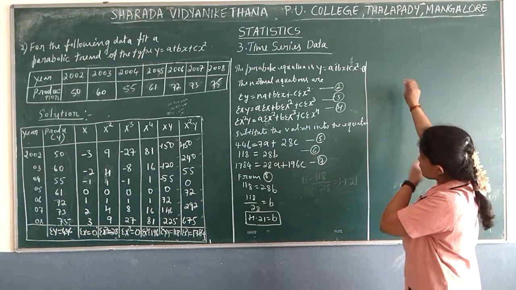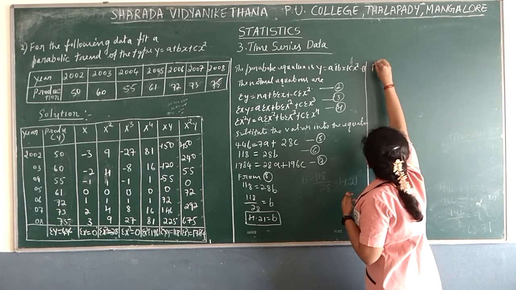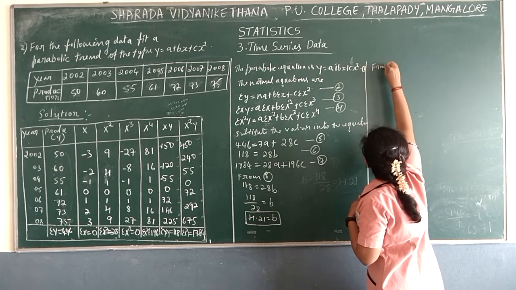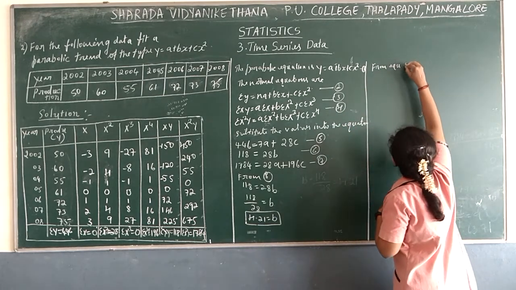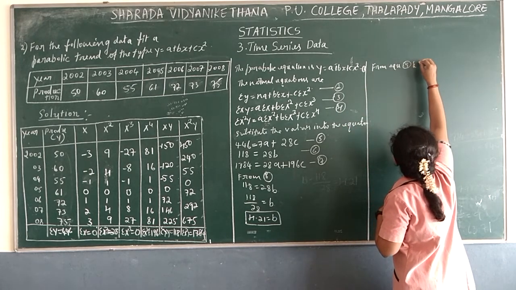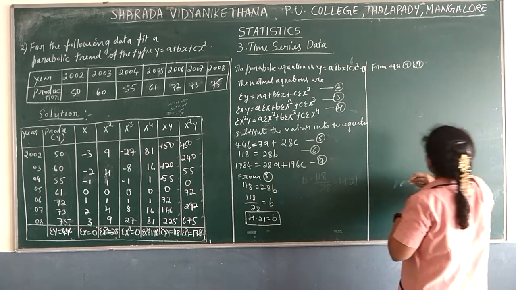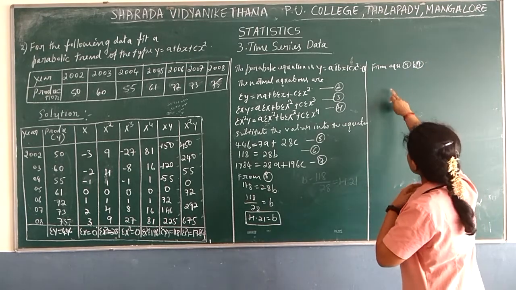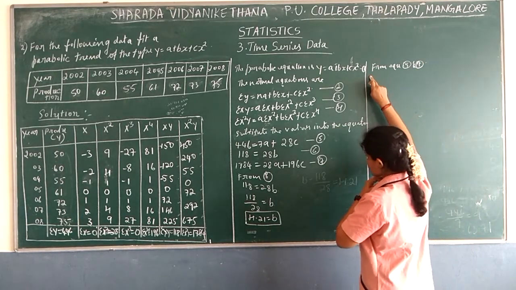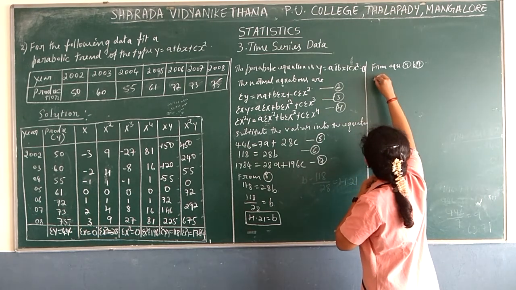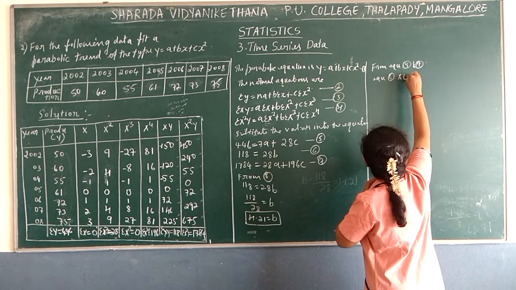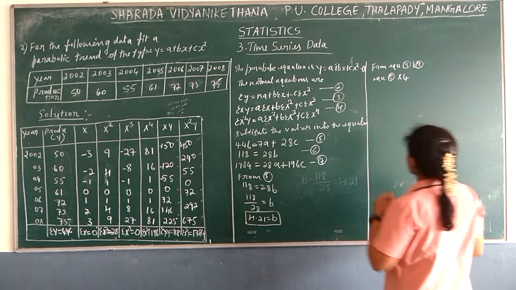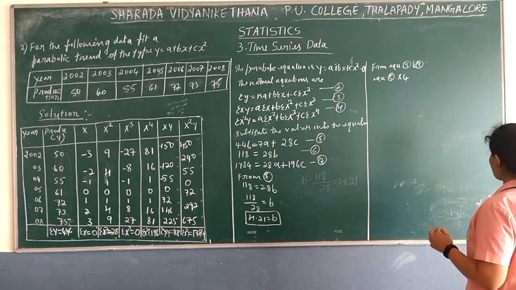Now next, from equations 5 and 7, equation 5 multiplied by 4.